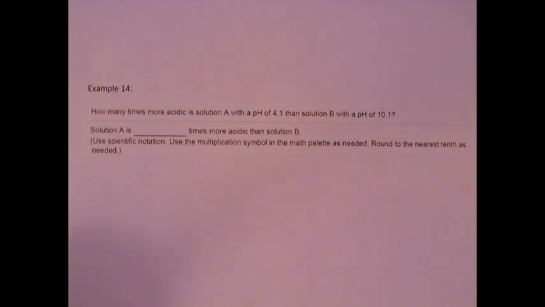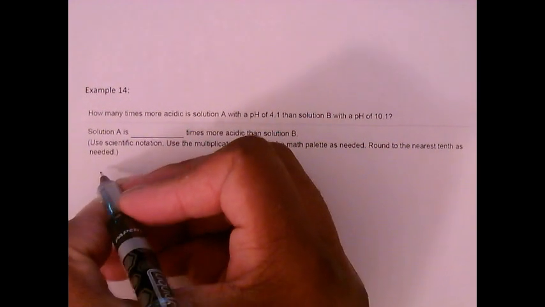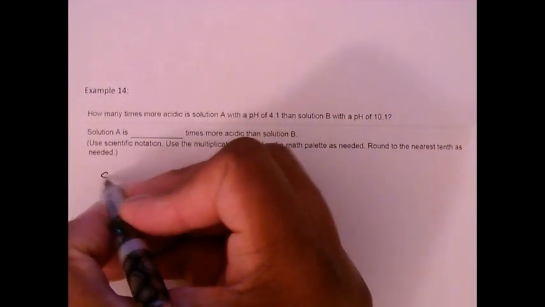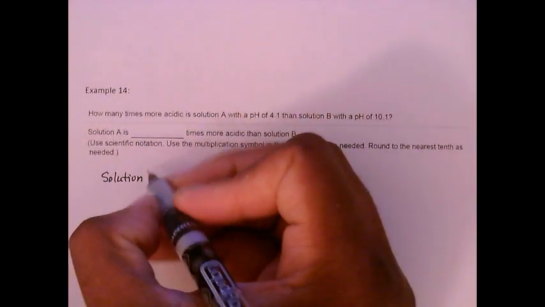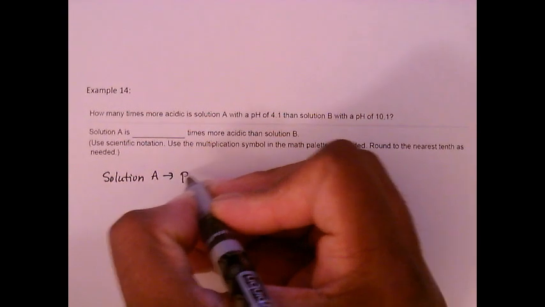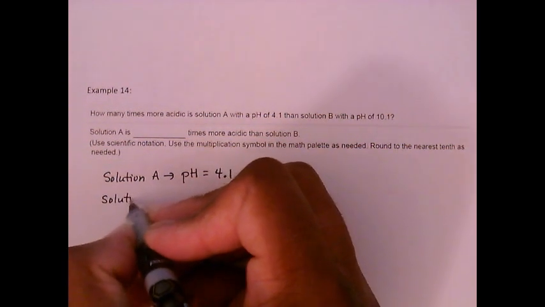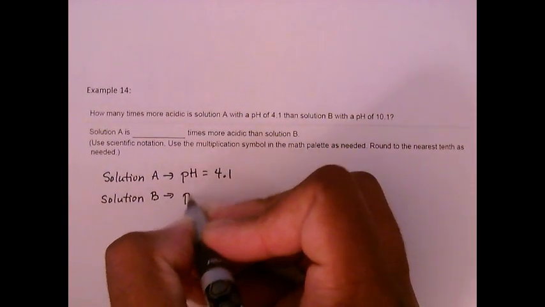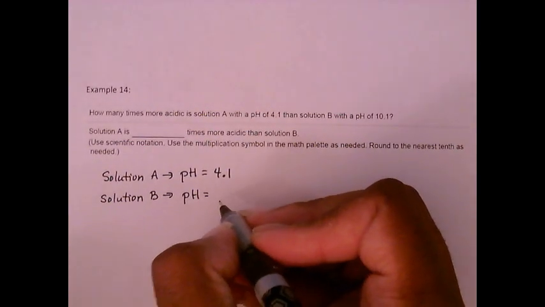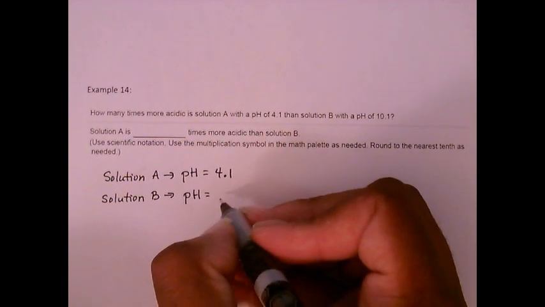Solution B has a pH of 10.1, and we want to find out how many times more acidic solution A is than solution B. Okay, so here's solution A, which has a pH of 4.1. And solution B has a pH of 10.1.